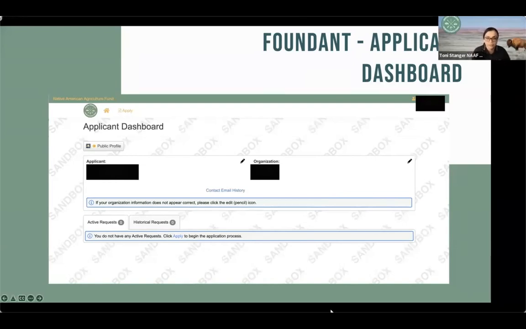The other thing that you'll find is if you have already been an applicant within NAAF, you'll see your current active requests. You can also see your historical requests. And again, there's a tool that you can use called Copy Process that will copy over your former application and all the information from your prior applications into this new application.